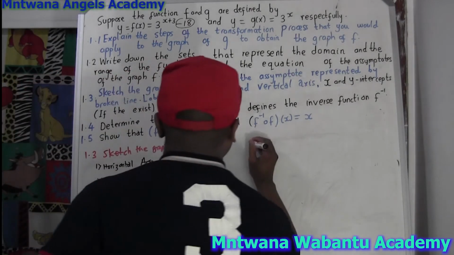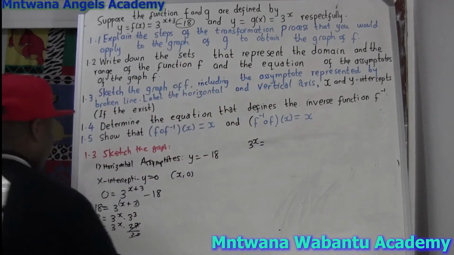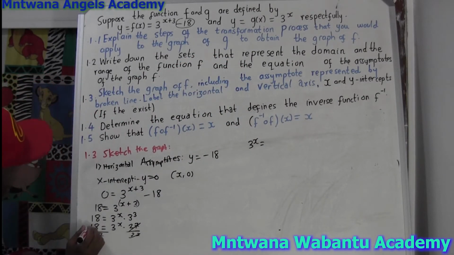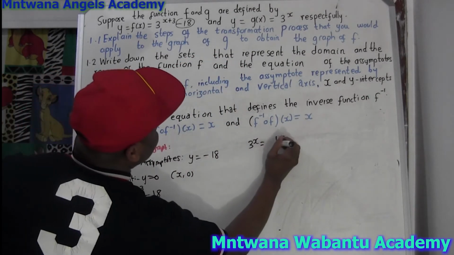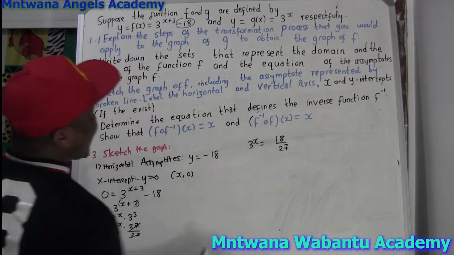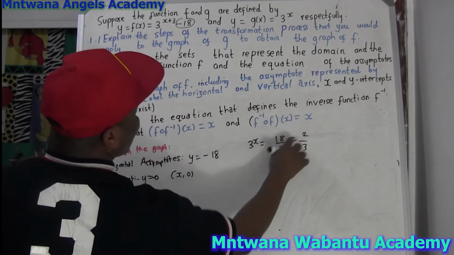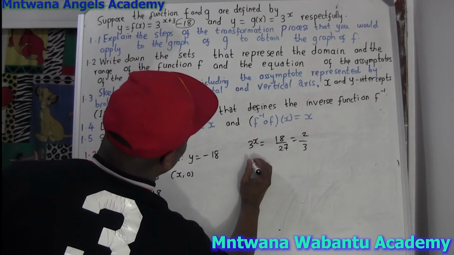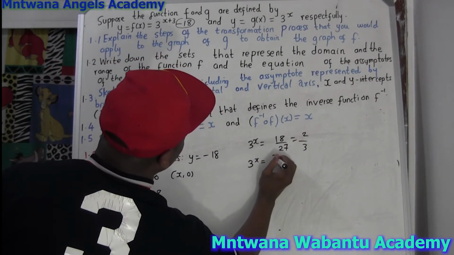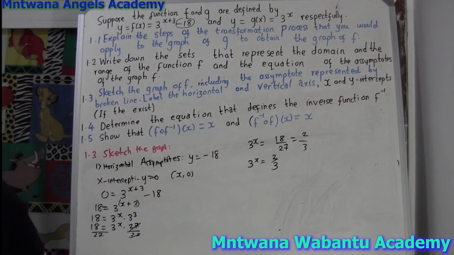So 3^x equals 18 over 27. 9 is a common factor: dividing by 9, we get 2 over 3. So 3^x equals 2/3, which will give us the x-intercept.